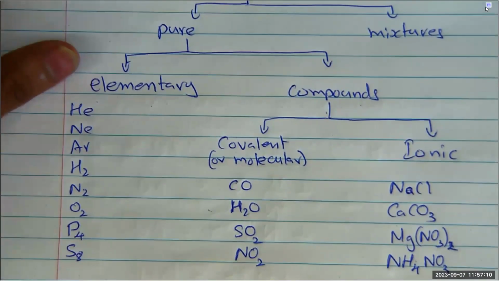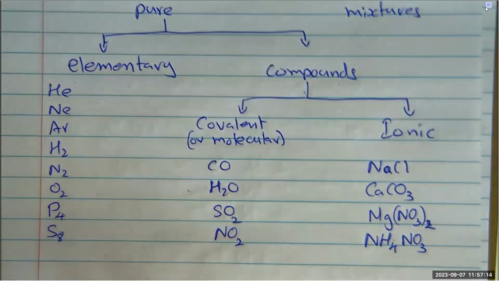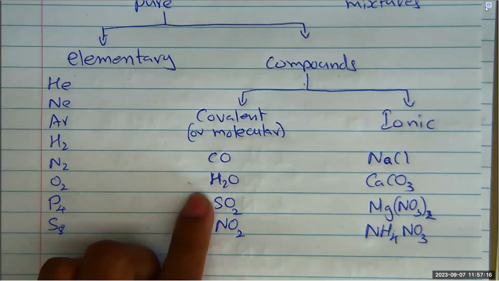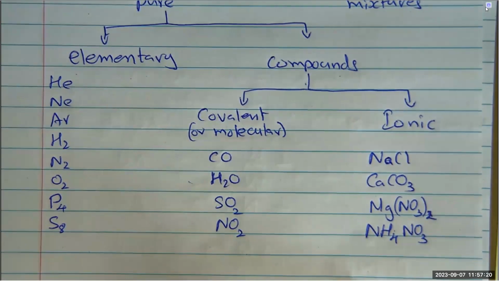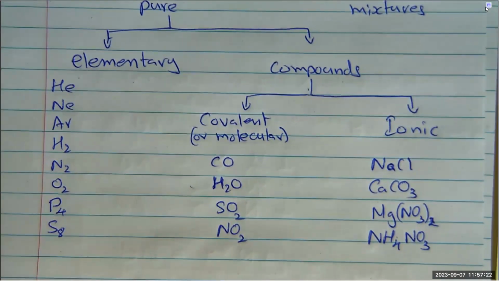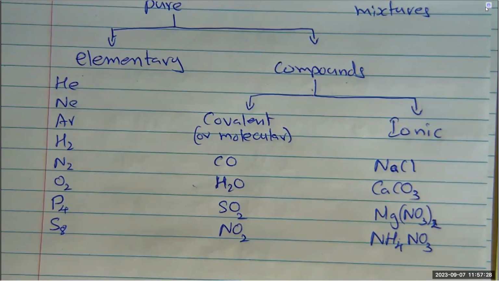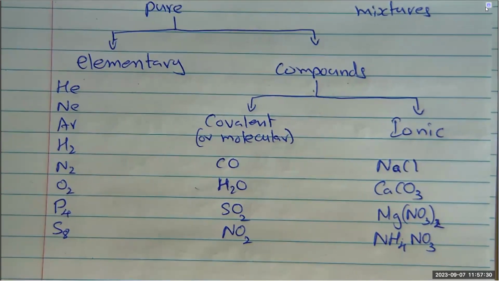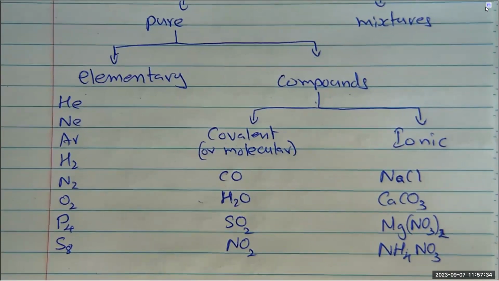Compounds can be covalent or ionic depending on their nature. Covalent compounds have covalent bonding, and ionic compounds have what we call ionic bonding in their structures. But we will not talk about ionic compounds until Unit 3, Module 3, which is like the 4th exam. So we have a long way to go there.